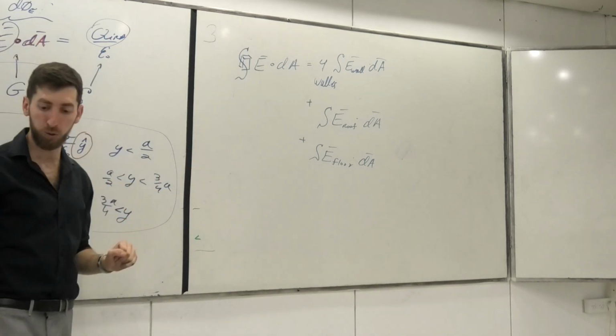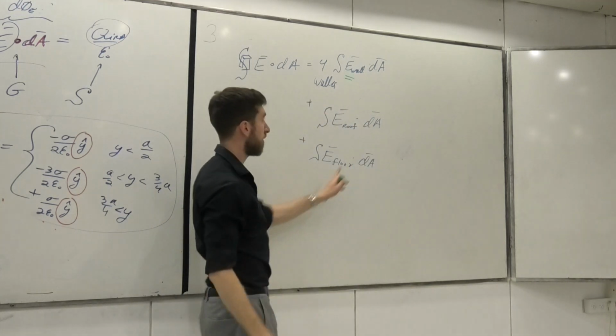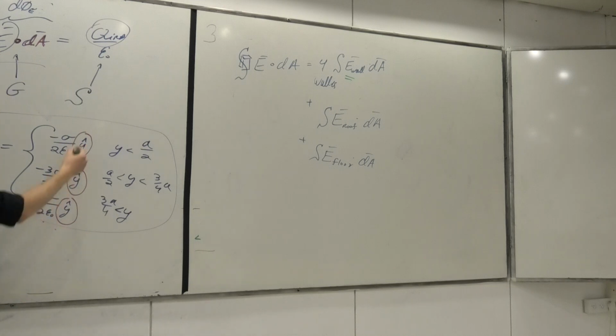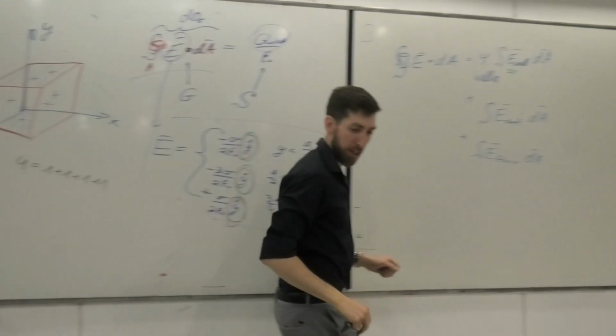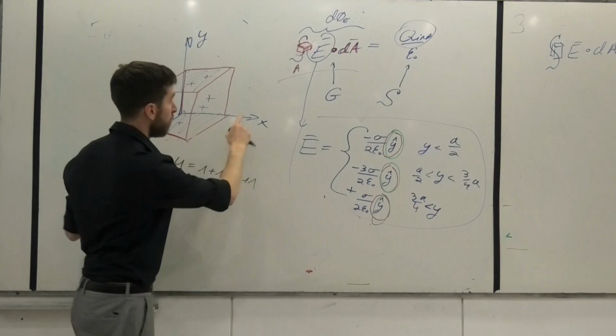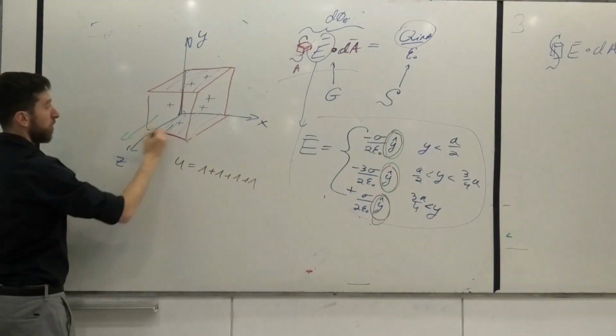So now what we need to do, we know E, right? Let's try to understand dA. Let's observe it. Where is E heading? Only in the Y direction, every time.